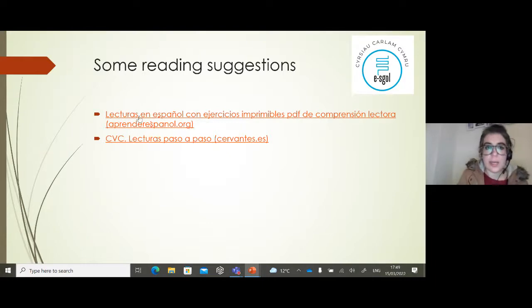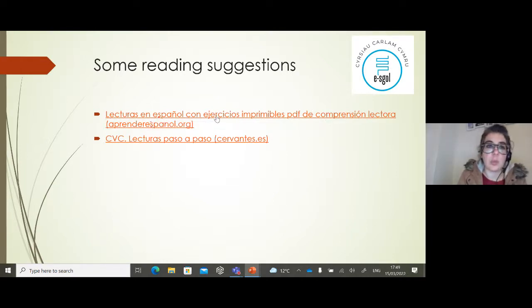It is worthwhile doing some reading as well. So these are some suggestions for reading, and we can have a look at some of these websites together. So here you got lecturas en español con ejercicios imprimibles. So there's some exercises that you can print off, de comprensión de lectura.